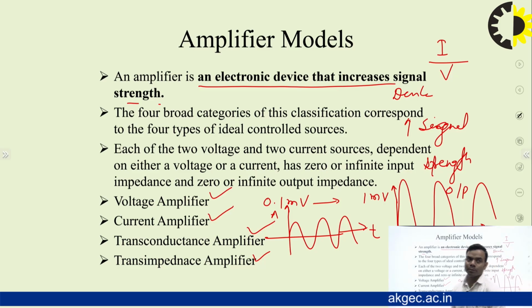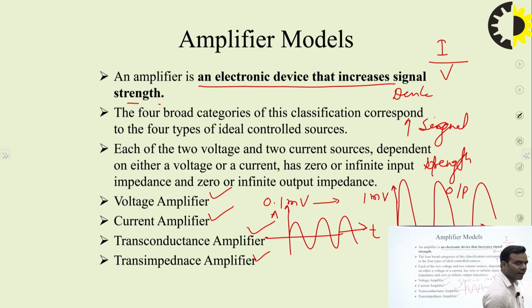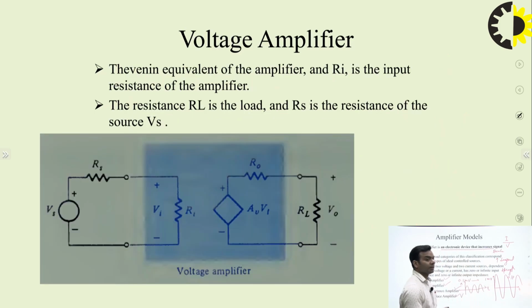Similarly, in case of transimpedance, sometimes also called a transresistance amplifier, the output should be voltage and the input will be the current signal. Soon we will see how to represent it with the help of a circuit and how to analyze these amplifiers.